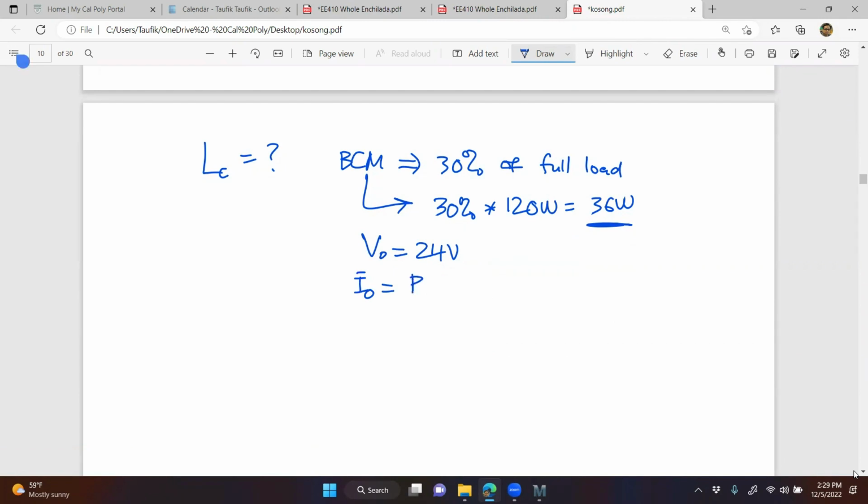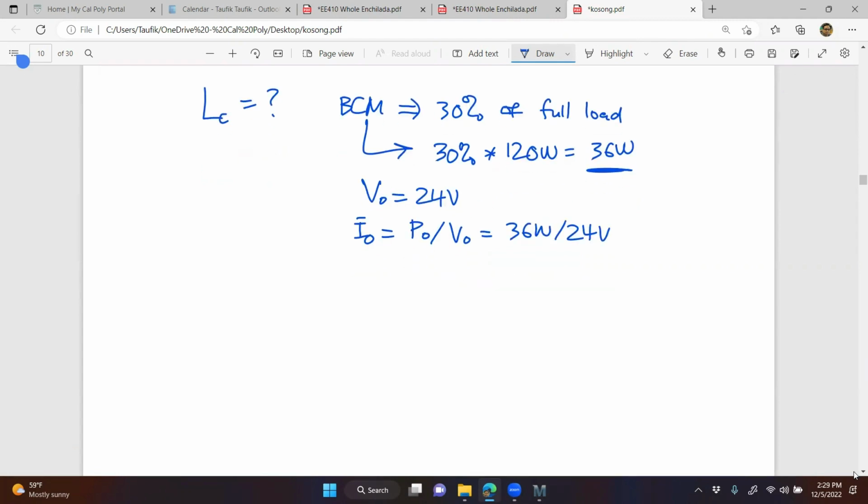I out is equal to P out over V out, and that's 36 watts over 24 volts. Can you tell me what this is? That's 3 over 2, that's 1.5 amps. Am I right? And so what is LC?